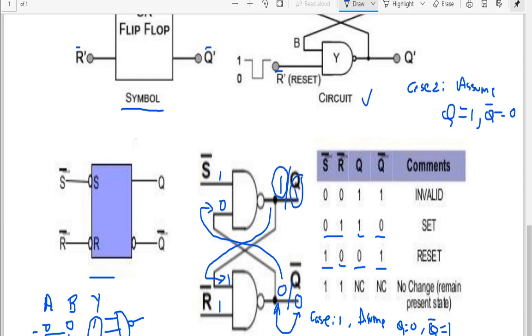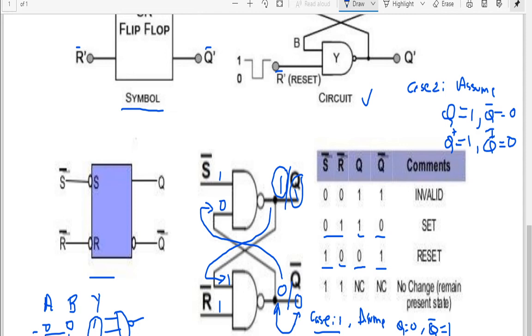So in case 2, q plus is also 1, whereas q bar plus is also 0. So here you can see in case 2, we have the next state same as that of the previous state.